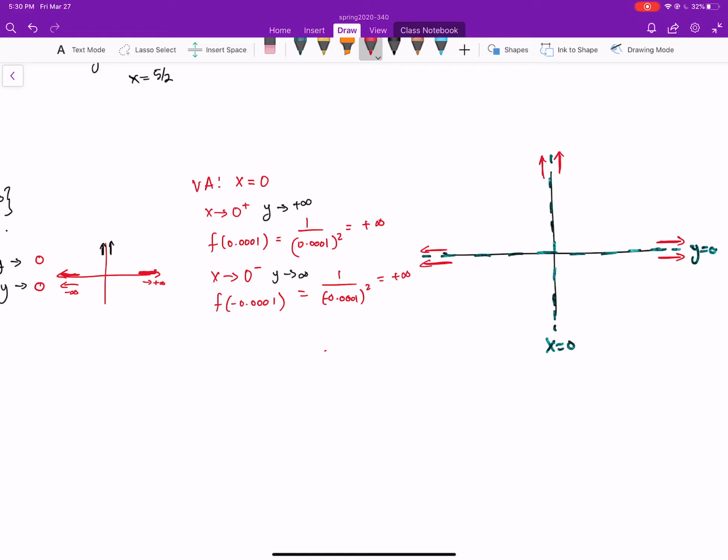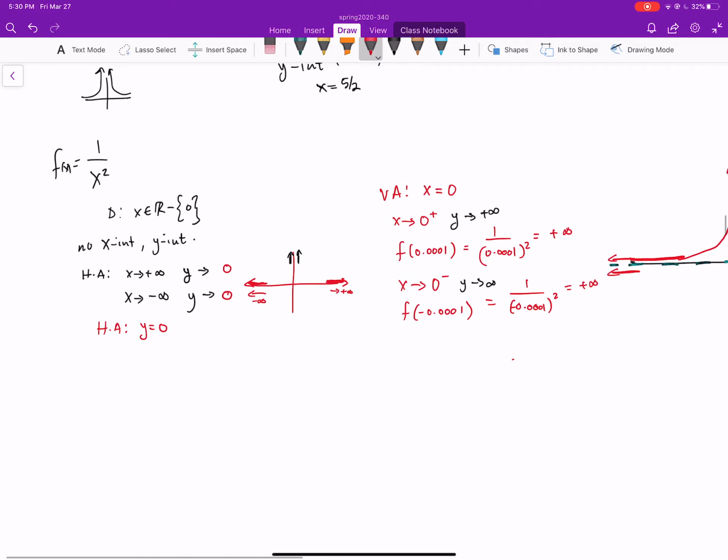So using my prior knowledge, I know that it's supposed to connect this way and that way. If you're not that convinced, use some test values to ensure that the graph is opening up both in the first and the second quadrant.